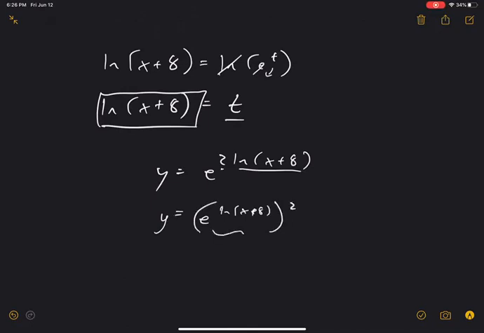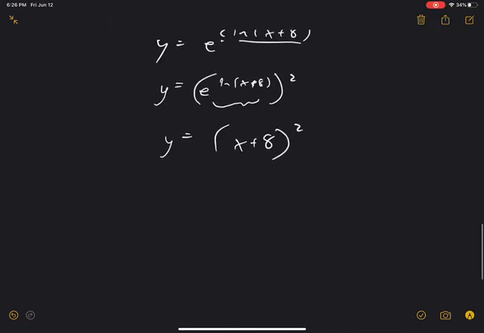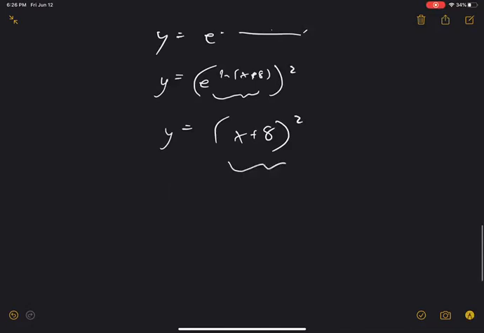Now look inside the parentheses. What is e to the power of ln of (x plus 8)? Again, if you're comfortable with your e's and ln's, you'll see that this stuff inside the parentheses is equal to x plus 8. And then I'm squaring it, okay? And then you could distribute this, or you could probably leave it as (x plus 8) squared.